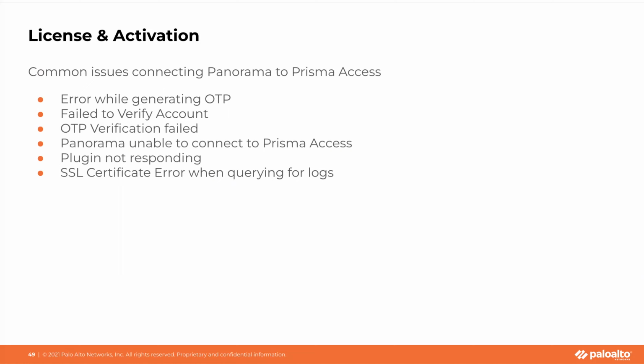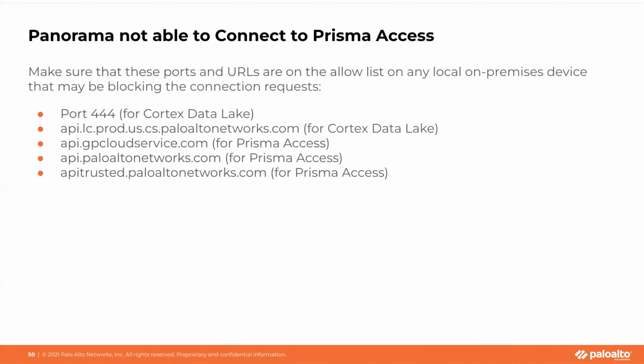For the common issues with license activation, if you're a new user to Prisma Access and you're in deployment or planning to deploy, there may be some common issues you can see, which include errors while generating the OTP, failure to verify the account, Panorama not being able to connect to Prisma Access, the plugin not responding, and SSL certificate errors.